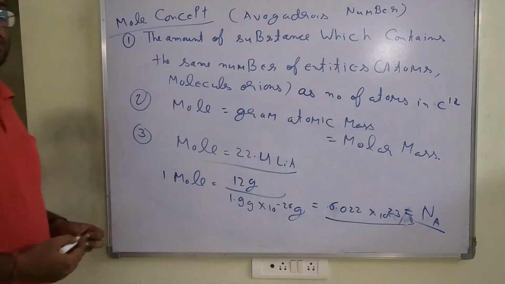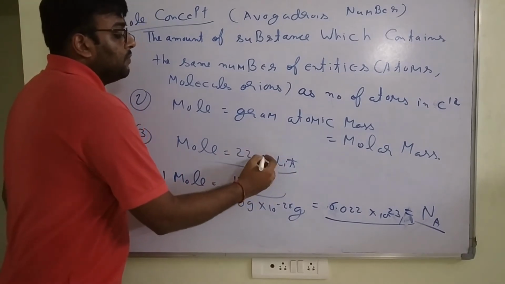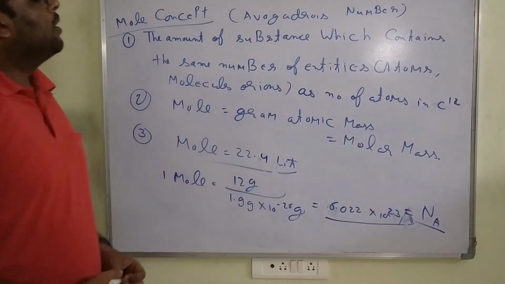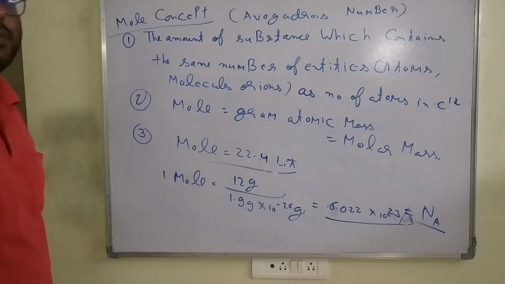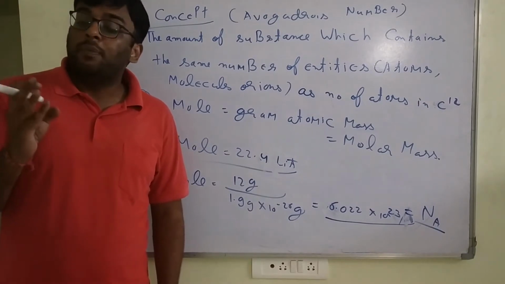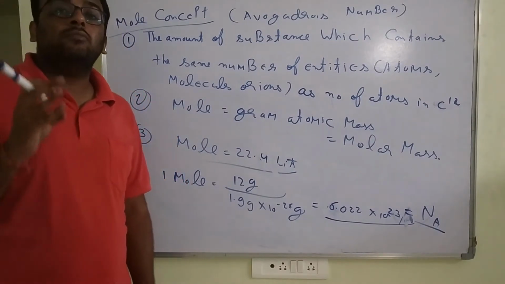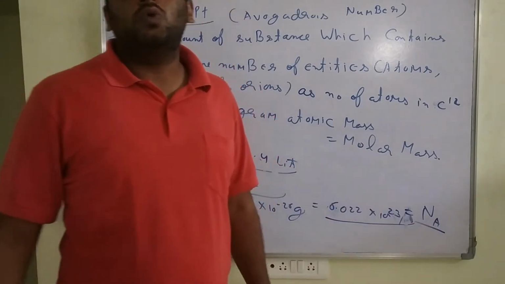So first of all, look at the definition. The amount of substance which contains the same number of entities, whether molecules, atoms or ions, has a fixed value, 6.022 or 6.023.